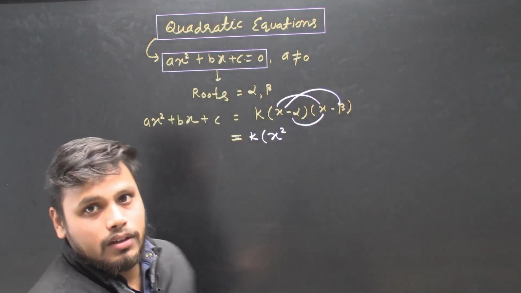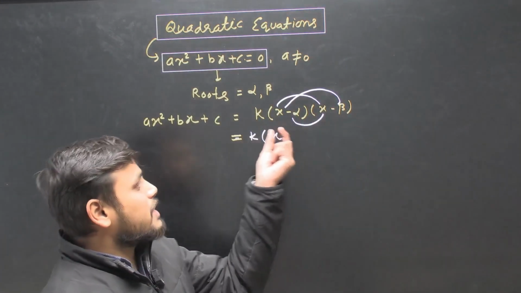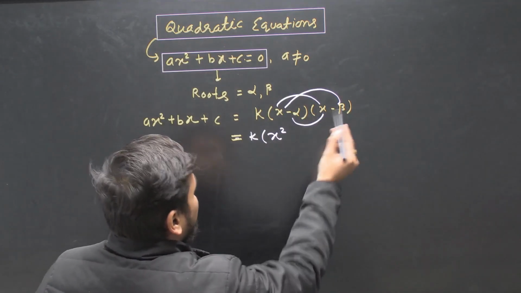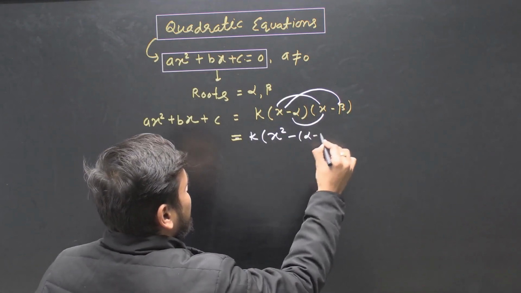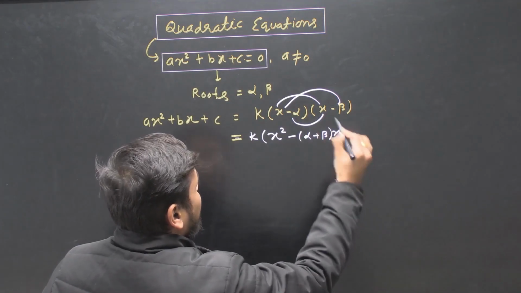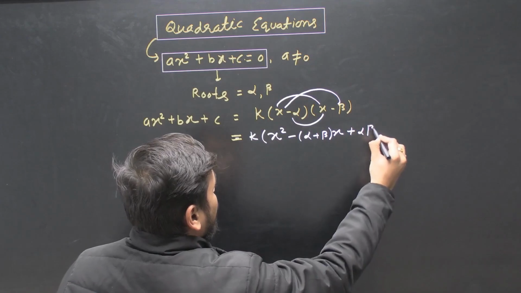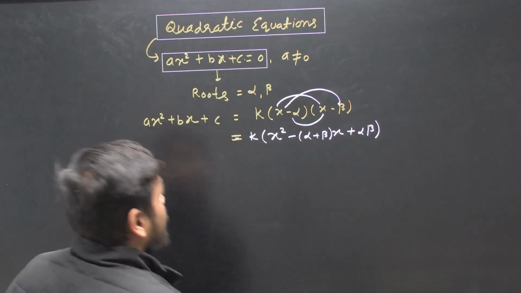What are we doing? We are multiplying these terms and finding the terms containing x. So minus alpha x minus beta x can be written as minus alpha plus beta x, and then next minus alpha into minus beta, which is alpha beta, right? So we have multiplied all the terms.